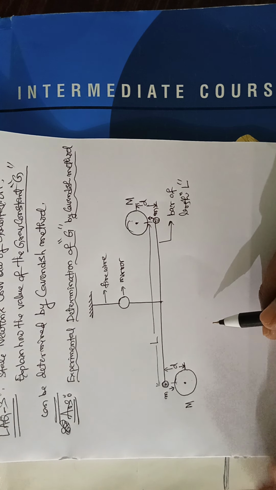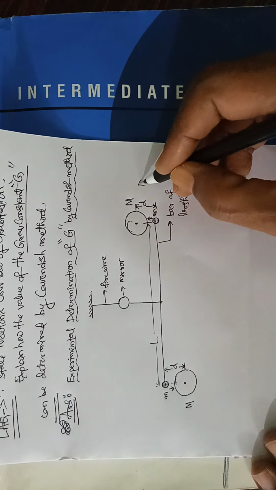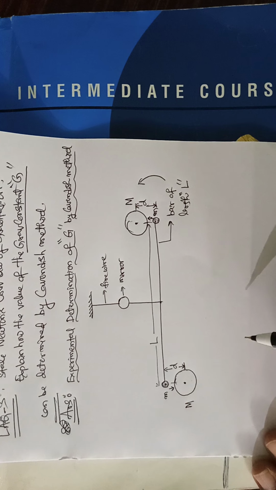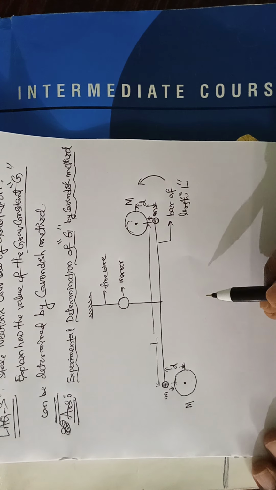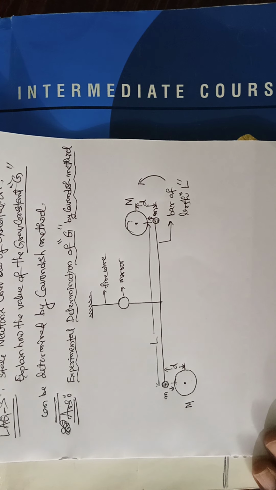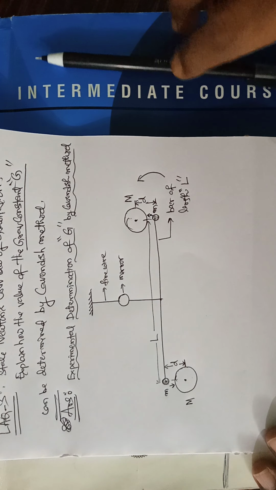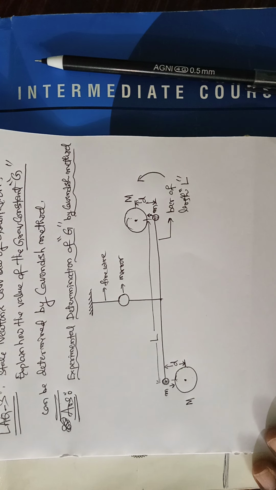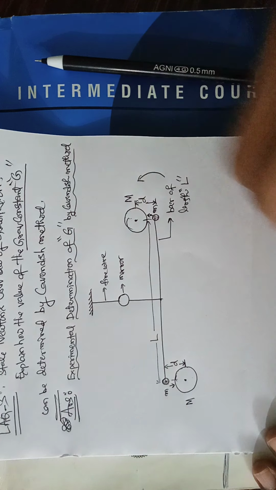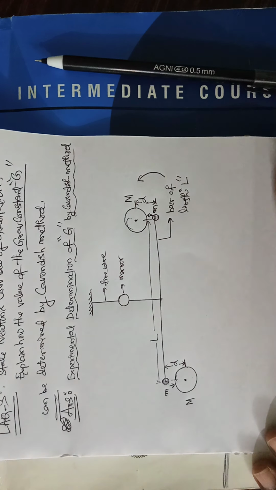How? Whether in clockwise direction or anti-clockwise direction? Anti-clockwise direction. It is deflected in the horizontal plane, anti-clockwise, and the fine wire gets twisted.